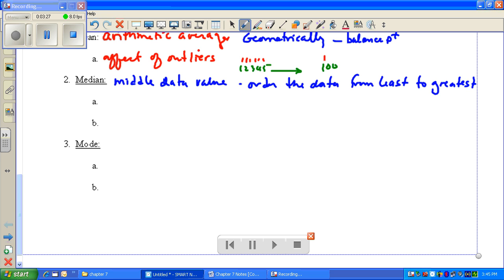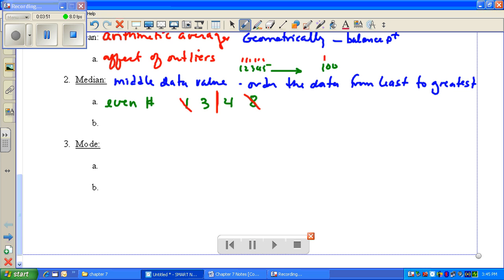So what happens if I have an even number in my data set? For example, maybe I have 1, 3, 4, and 8. Notice it's in order from least to greatest. The middle number, well, if I count, the middle is here, and I don't have a number there. So it can't be 3 and it can't be 4.